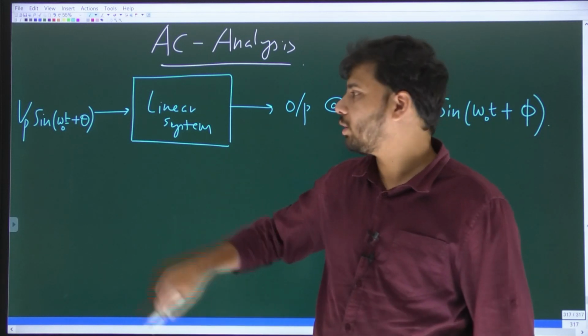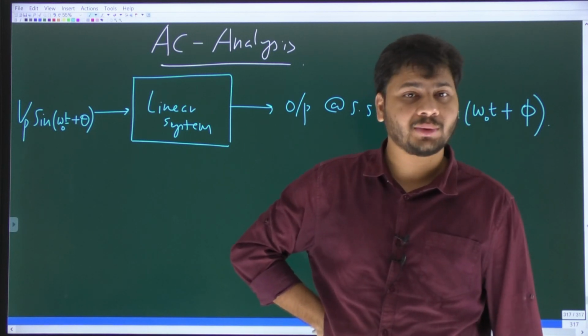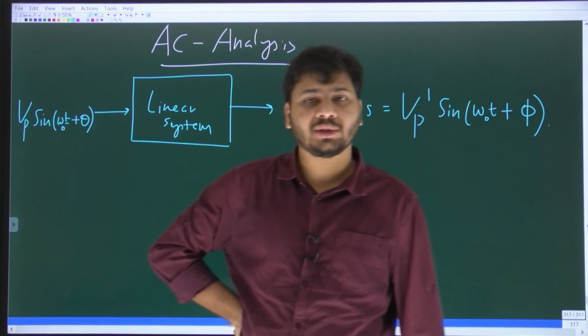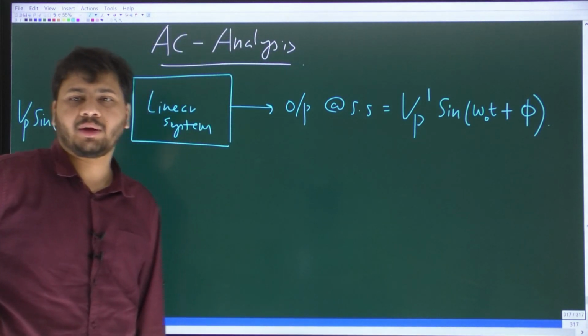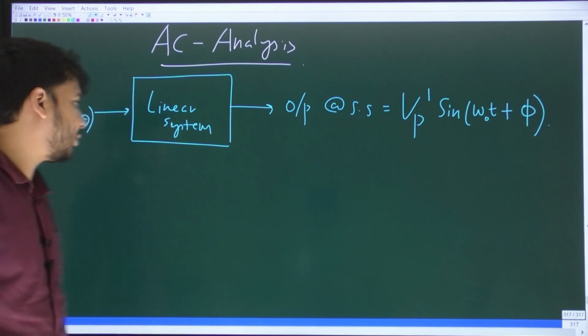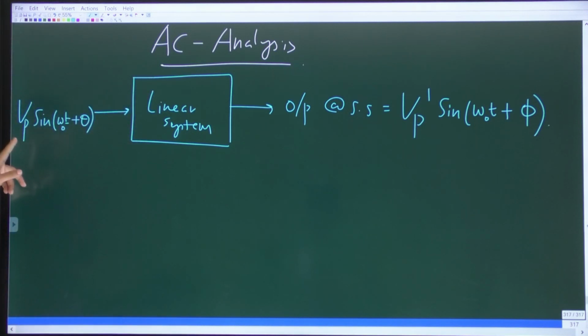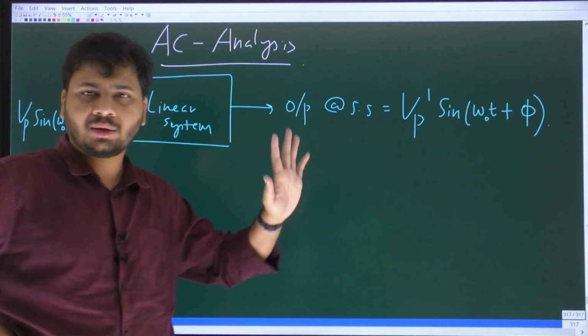I'll say it again. A sine wave will go through a linear system and come out as the same sine wave at the same frequency. But what will get modified when the sine wave goes through the linear system? Amplitude and phase will get modified. Input side, the amplitude is Vp, but the output, the amplitude can be something different.